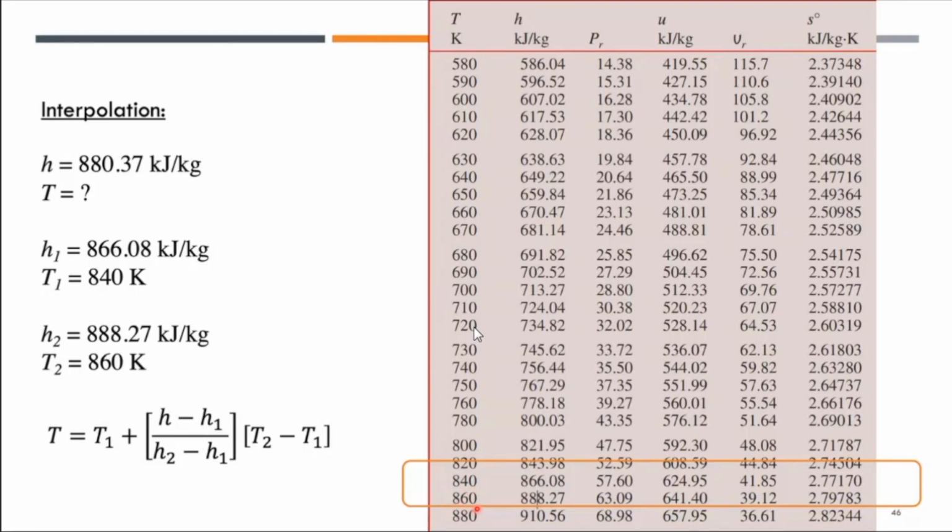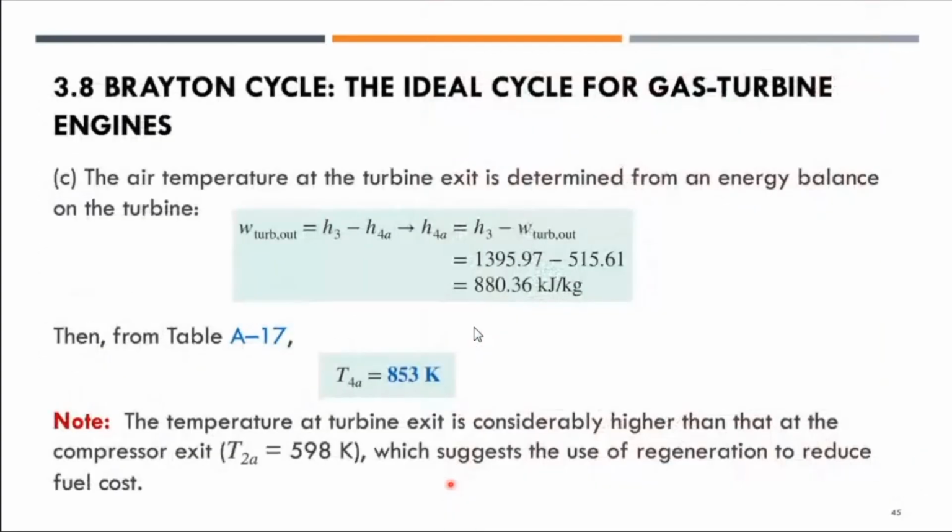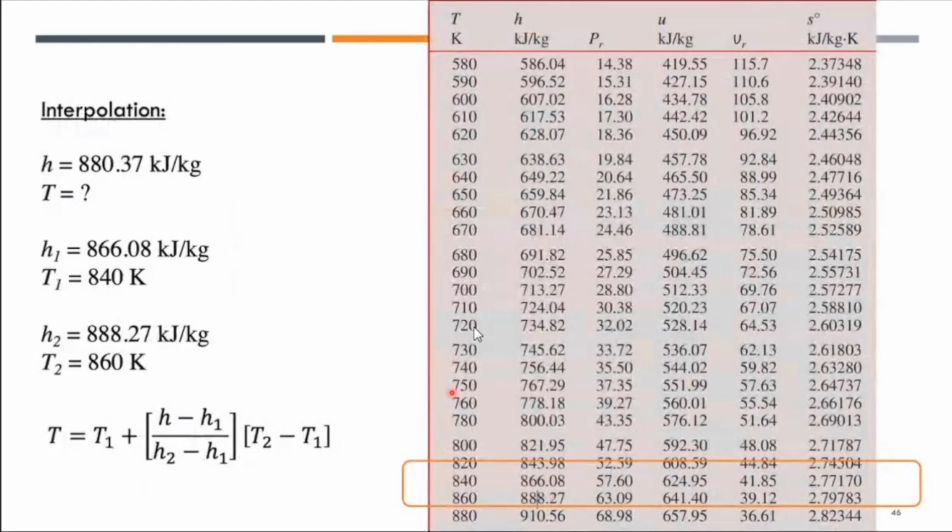You also have 860 Kelvin, but you want to find the value of the temperature at 80.37 kilojoule per kilogram enthalpy. It just sits between here, so you have to do interpolation to get the corresponding value of the temperature. Alright, so the value of the corresponding temperature is basically 853. If you work this out using this formula, you can get the value in between.